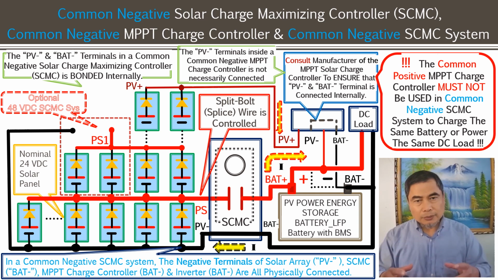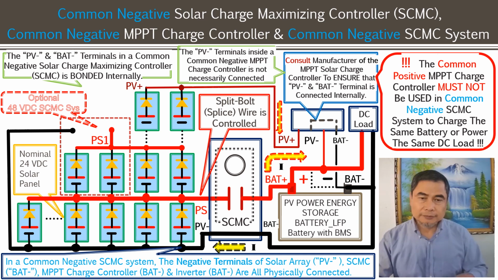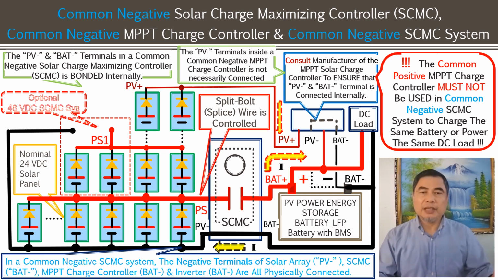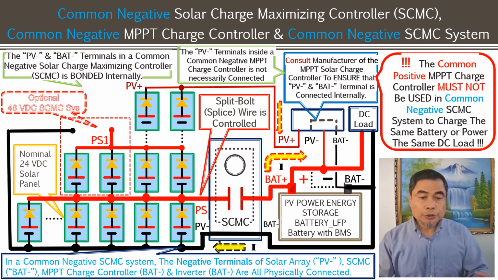And how do you find them out? When the power is off, like when you just open up the package and don't have to connect anything, you use an ohm meter. Use the ohm meter to check the PV negative terminal and battery negative terminal.